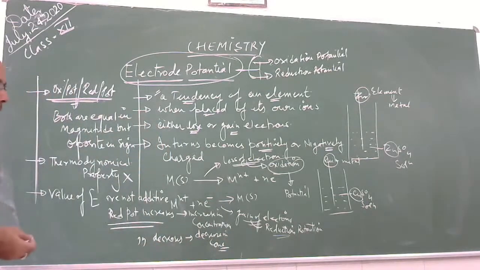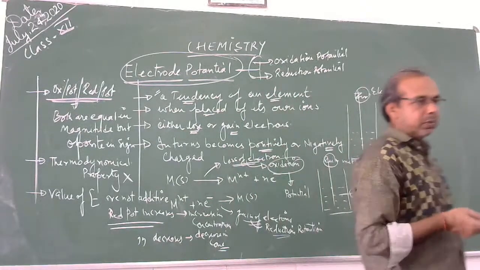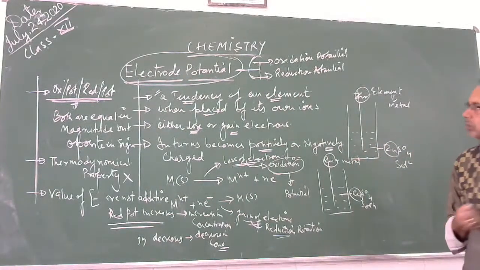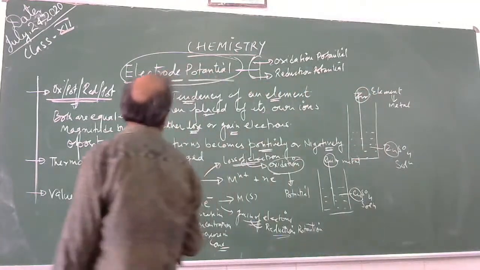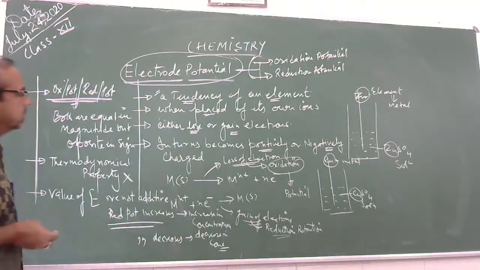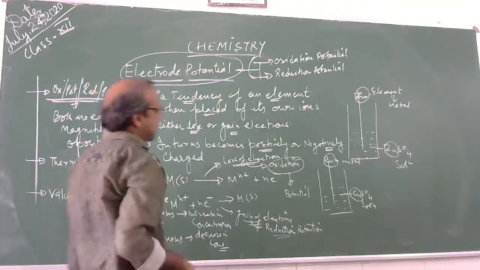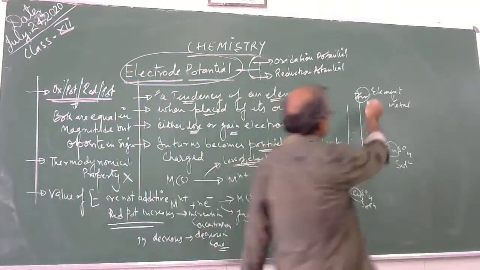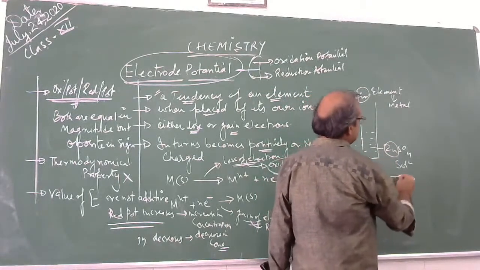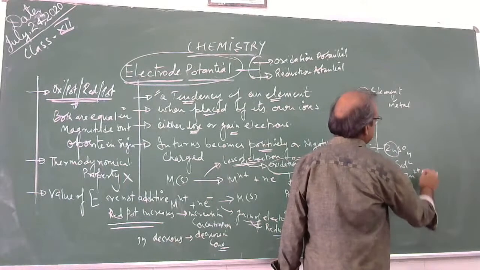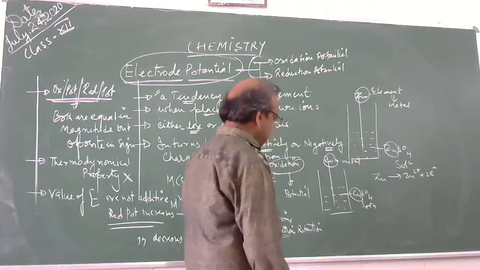Here I would like to say again that electrode potential is of two kinds, oxidation potential and reduction potential, and this is a tendency of an element. This is the tendency of zinc. In case of zinc sulfate solution, zinc changes into Zn2+ ions by losing two electrons.